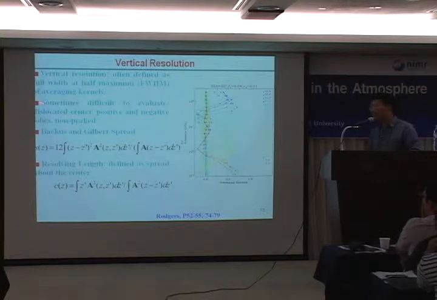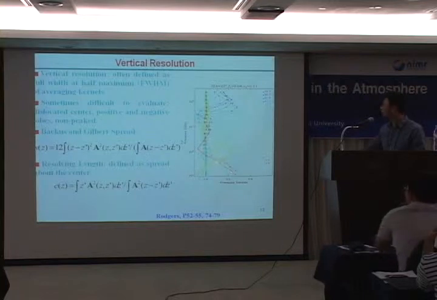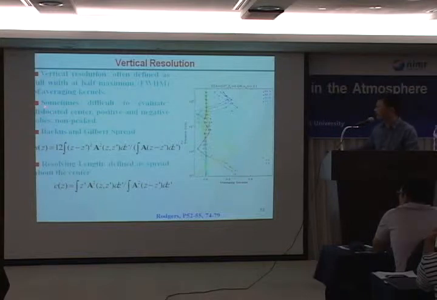We have many different definitions, but the simplest is the full width at half maximum of the rows of the averaging kernels. For each line, you can define a full width at half maximum. But in a lot of cases, it's very difficult to find the full width at half maximum because the averaging kernel can be dislocated.